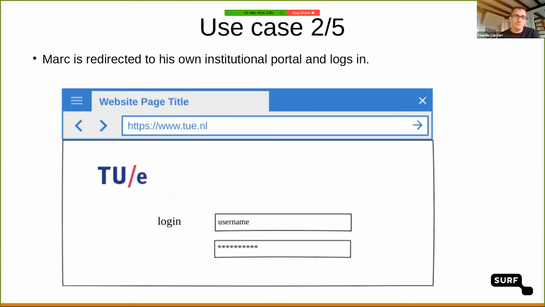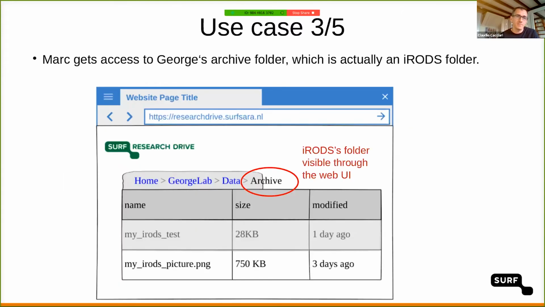Then they are redirected to the login page of the identity provider of their own university, log in successfully, and are then redirected back to the web interface, where typically there is a graphical interface that shows the content of the iRODS folder, in this case called archive. And that's it for Mark. That would already be a good achievement.